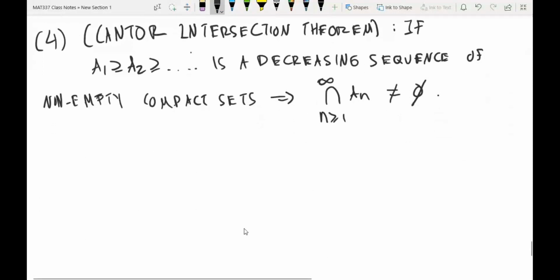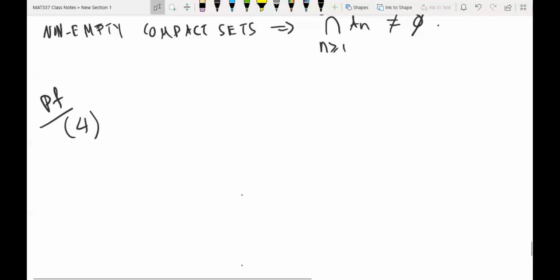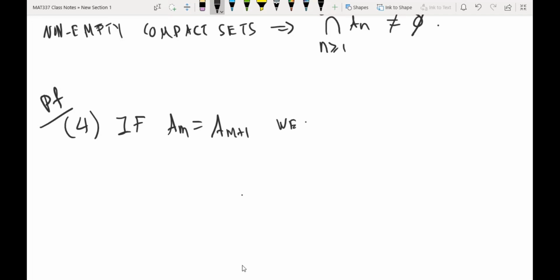So let's prove the last one. So if Am is equal to Am plus 1, we get that they have the same intersection.